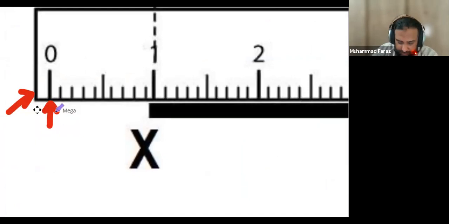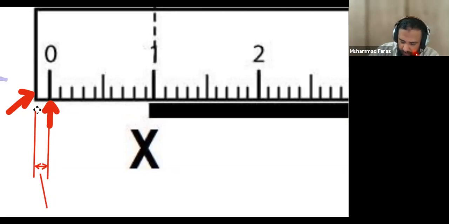This difference is known as zero error. If I use this ruler somewhere, this error will be zero error.